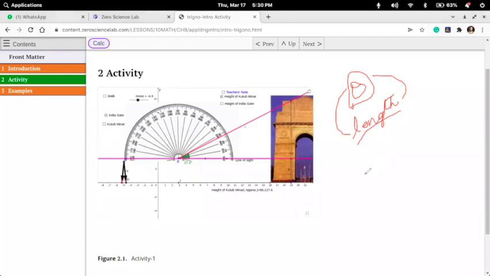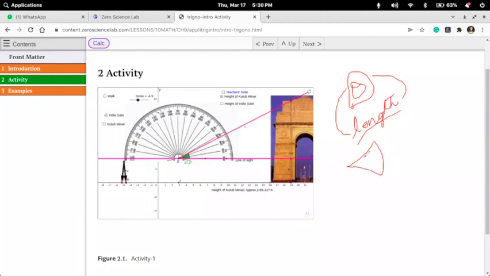We discussed it in almost every chapter, about this length and angle. Introduction to trigonometry, this is where we discussed, right?